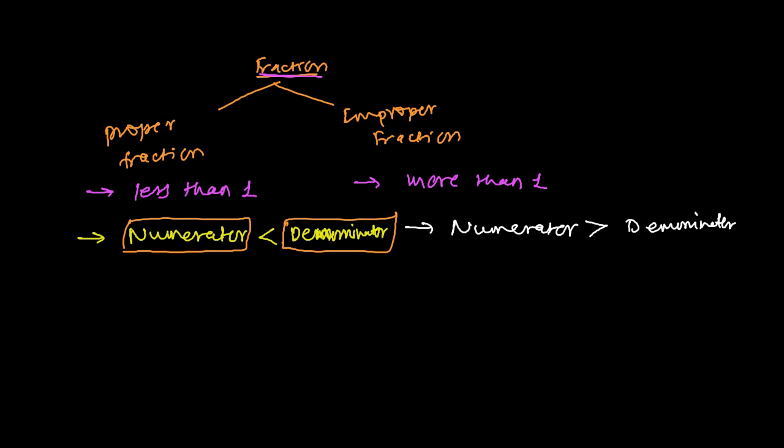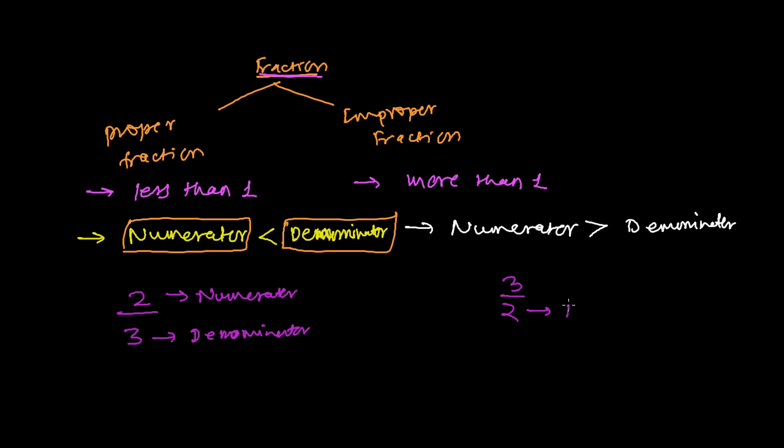So let me take an example of such fractions. 2/3. Right, this is denominator, we everybody know denominator, and this is numerator. So here numerator is smaller than the denominator because numerator is 2 and denominator is 3. But the same fraction, if you want to write in the improper way, then it is 3/2.